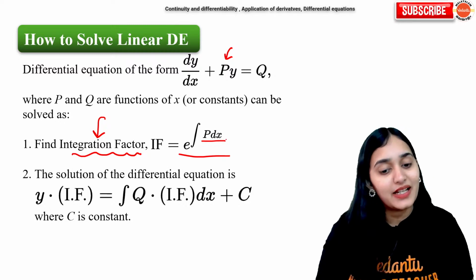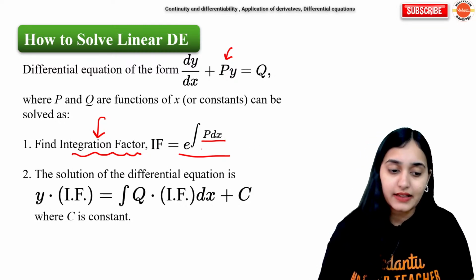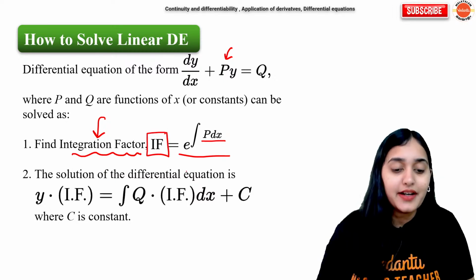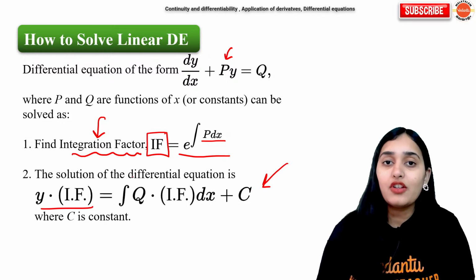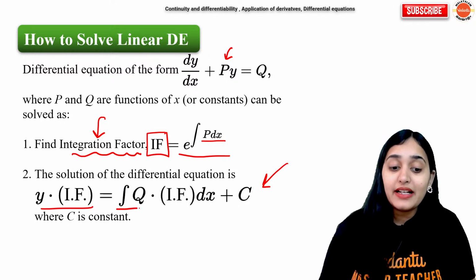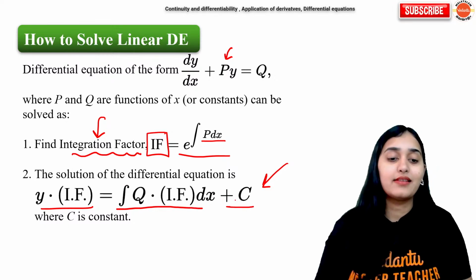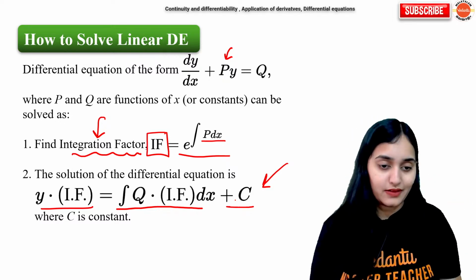After you have found the integrating factor, put it in this formula: y into integrating factor is equal to integration of Q multiplied with integrating factor dx plus c. This is how we solve a linear differential equation.